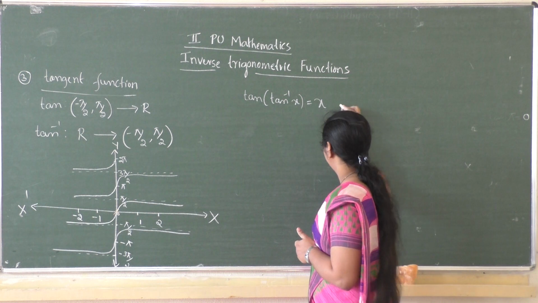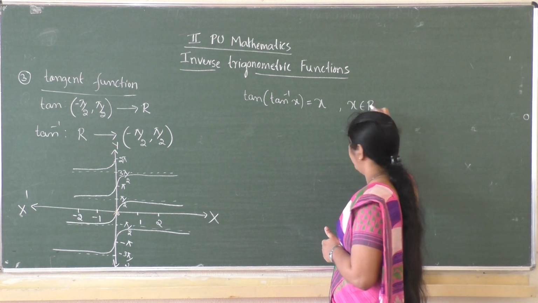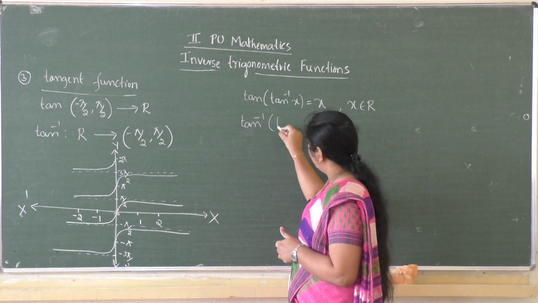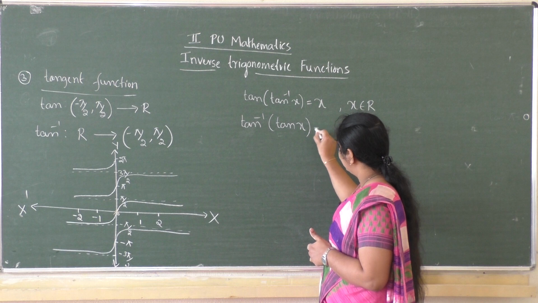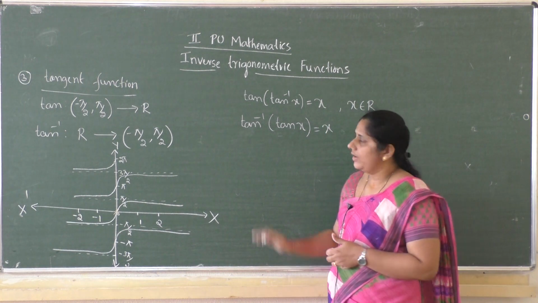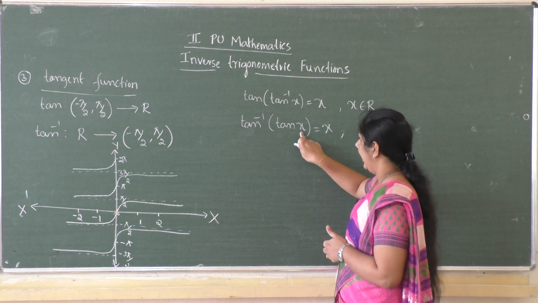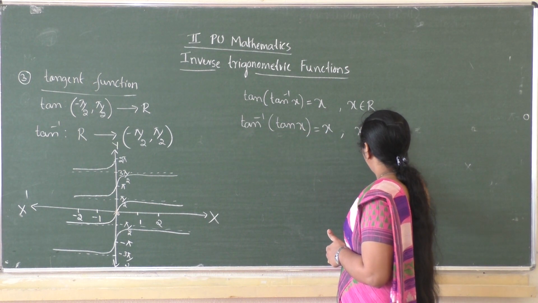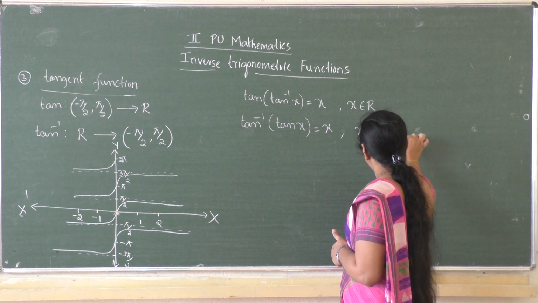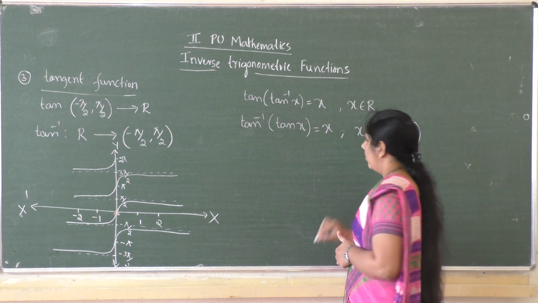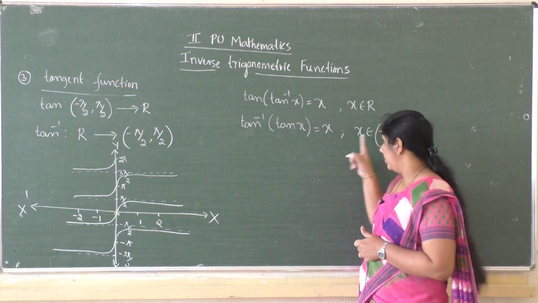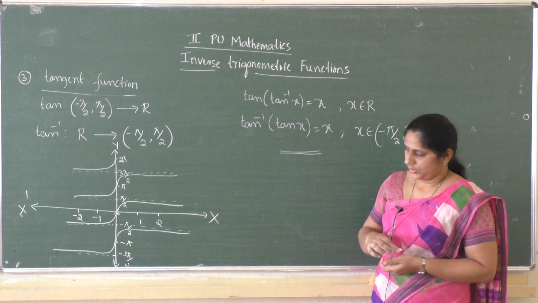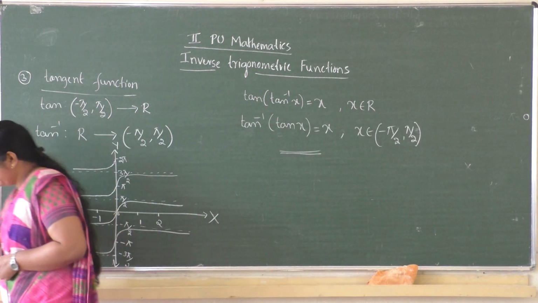It is R. So here x must belong to R. Similarly, tan inverse of tan x equal to x if x belongs to the domain of tan, that is here x belongs to open interval minus pi by 2 to plus pi by 2. So these are the important properties of the tangent function. So this is the third one.